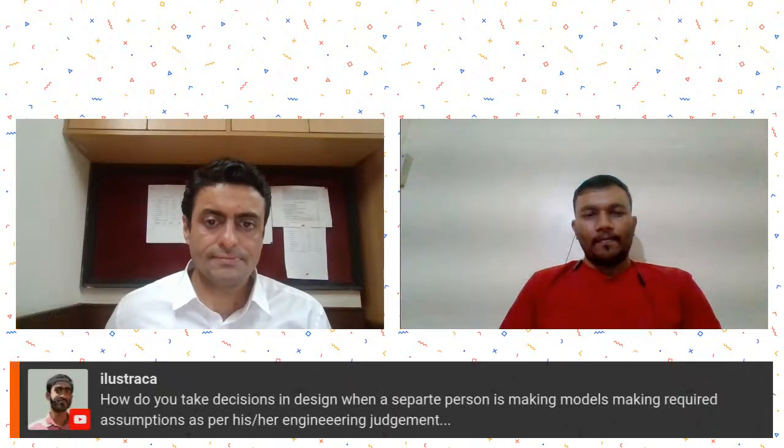For ductile beams we usually refer to ETABS for designing. So we mark those beams and refer to ETABS for designing, and all other beams we just check, based on the span and everything, whether the reinforcement is okay or not.